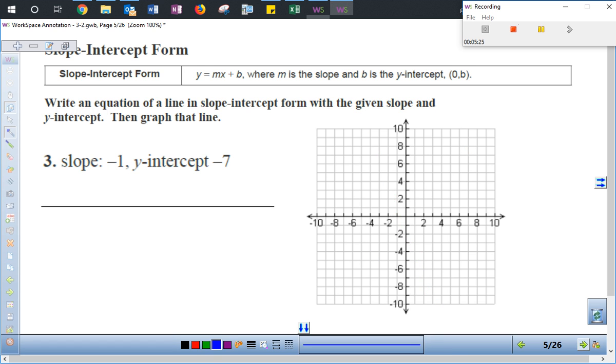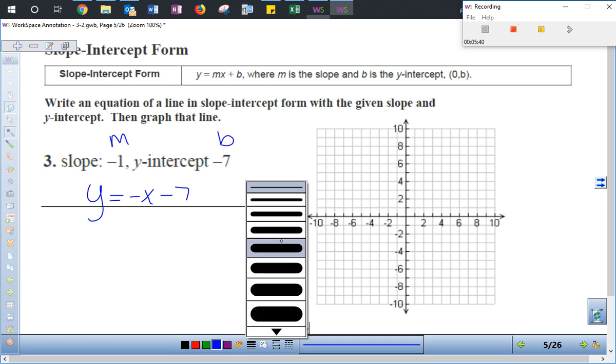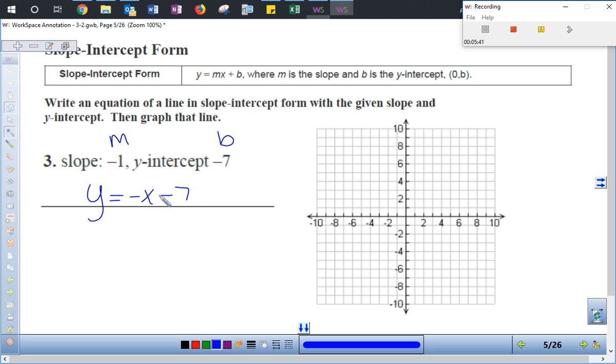All right, let's look at number 3. I have a slope of -1 and a y-intercept of -7. So I can substitute -1 in for m, -7 in for b, and I get y equals -1x minus 7. Now to graph, I start at my y-intercept, which is -7, and my slope is -1.